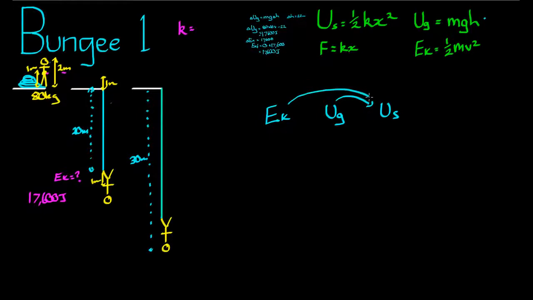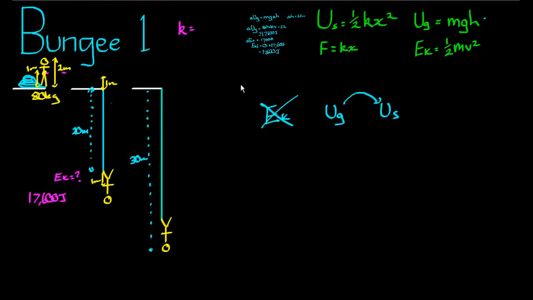Like that. So as they're dropping, that's the case. And then as they reach the very bottom of their drop, we end up with a completely depleted kinetic energy. So that's 0. And all of the gravitational potential energy has become spring potential energy.